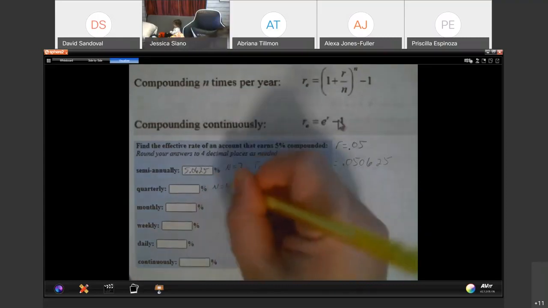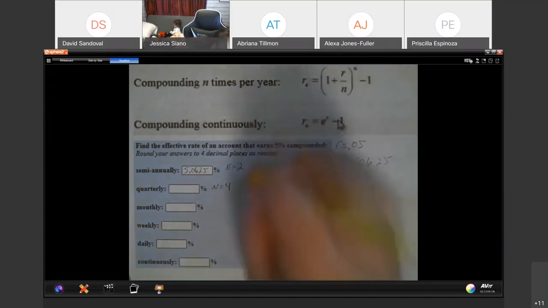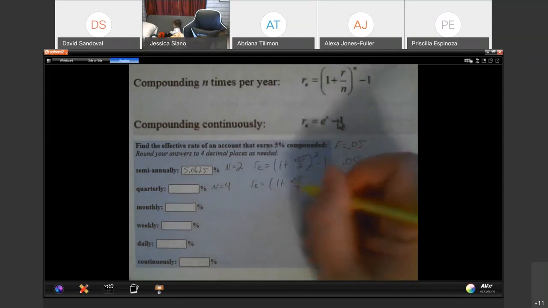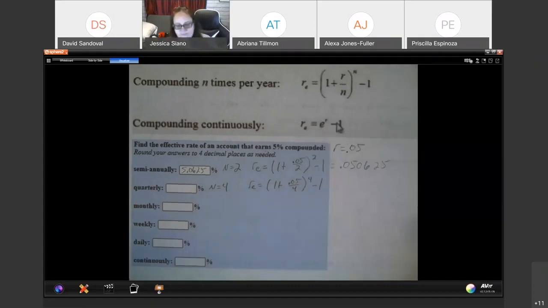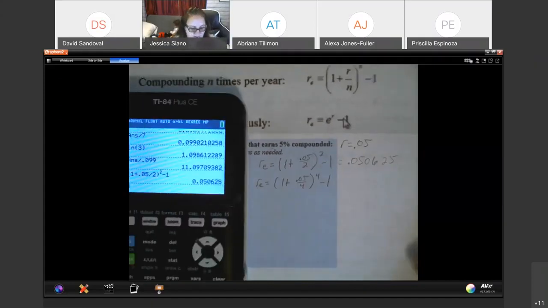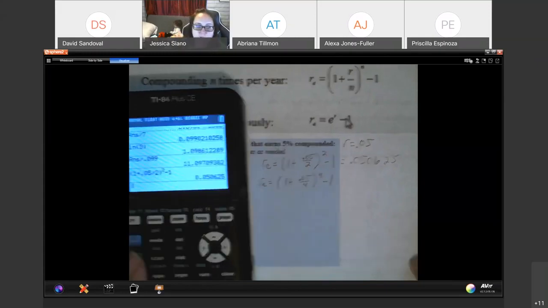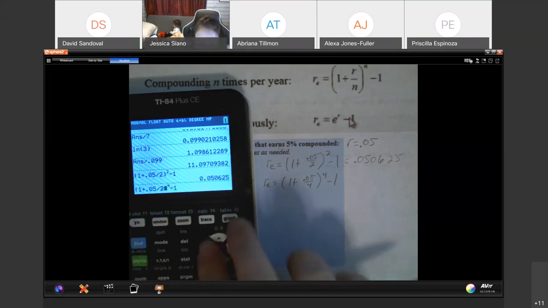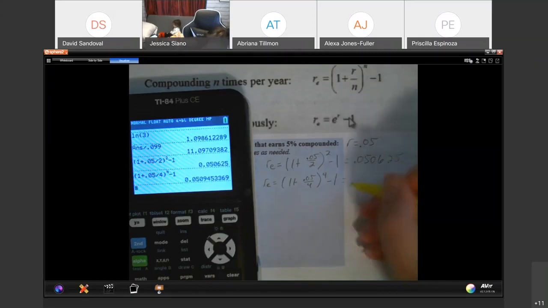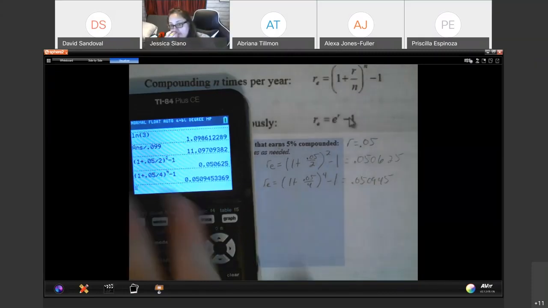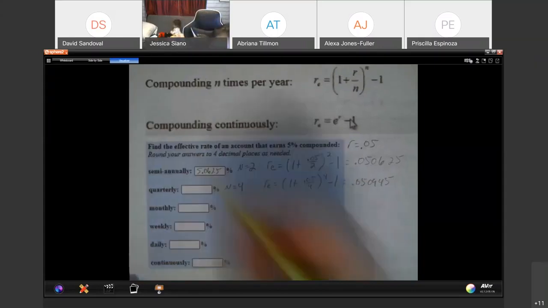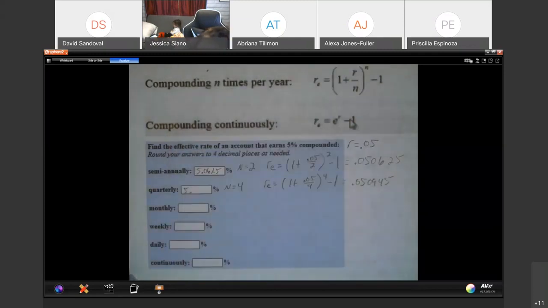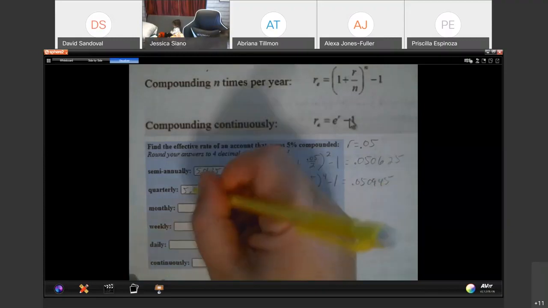Quarterly, n is 4. So my effective rate is 1 plus 0.05 divided by 4 to the 4, and then minus 1. So 5.0923400945.